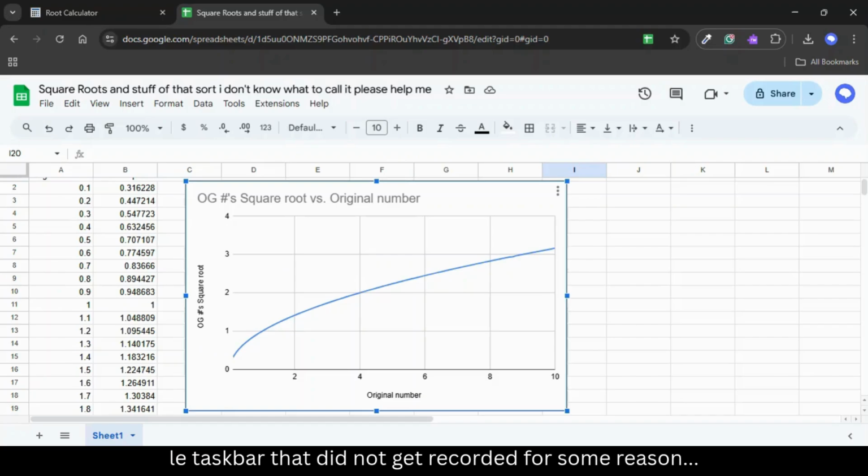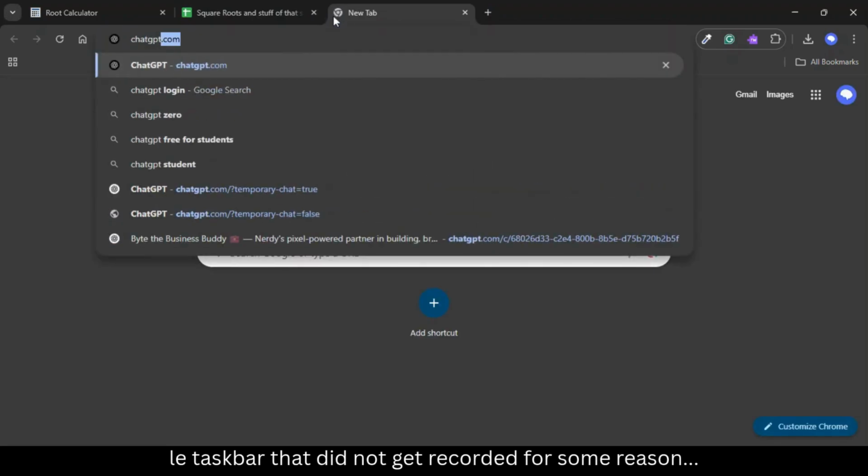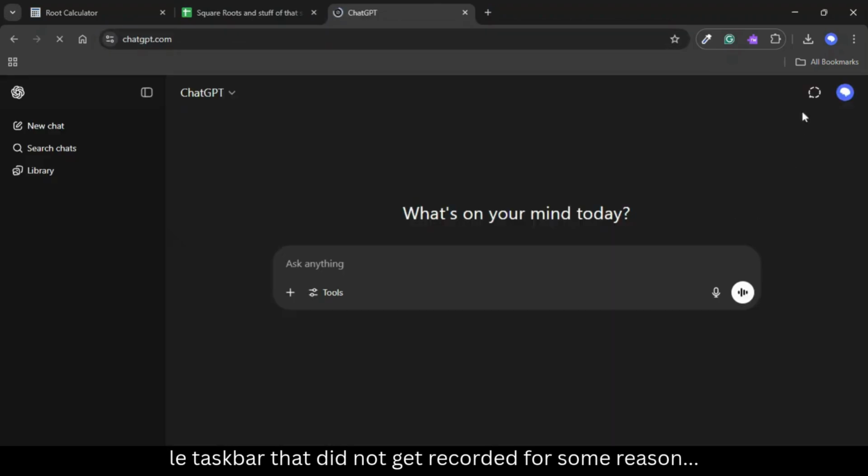It's mostly just me sitting here and talking, not knowing what to do next. Okay, that's it. Taking a screenshot. ChatGPT, my friend.